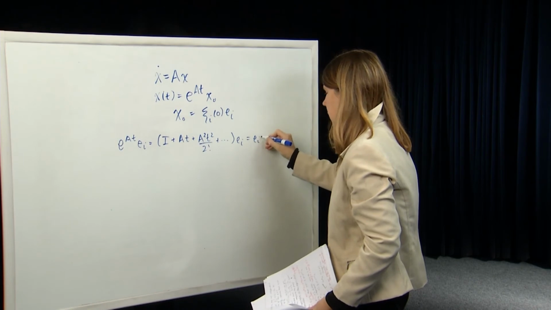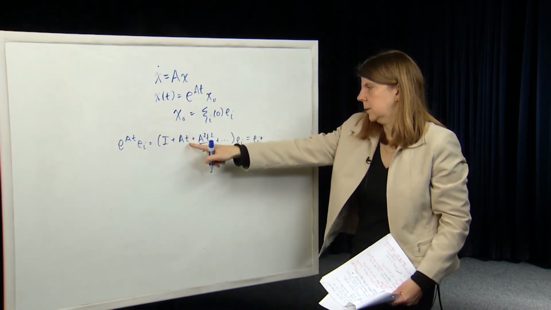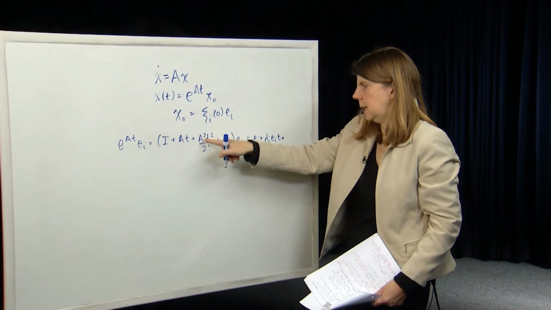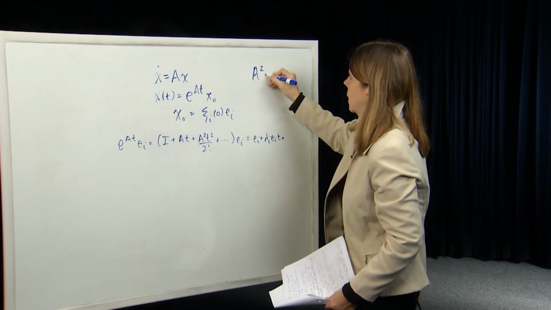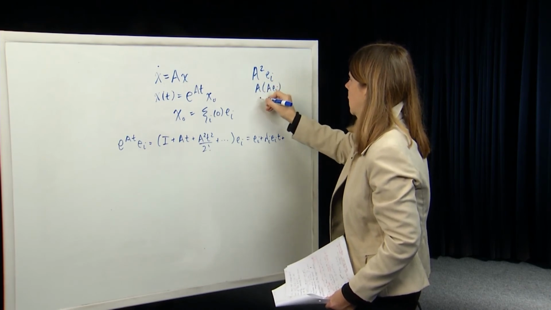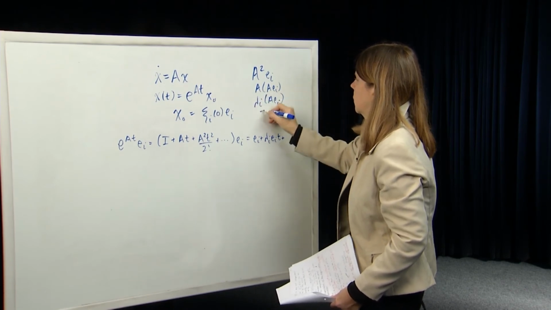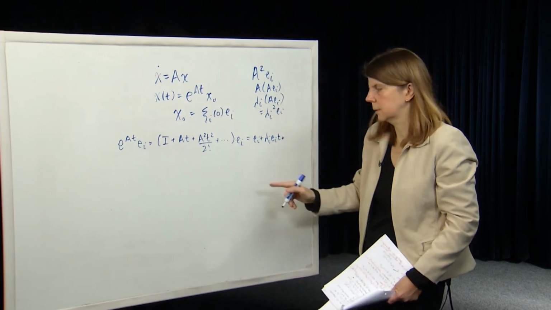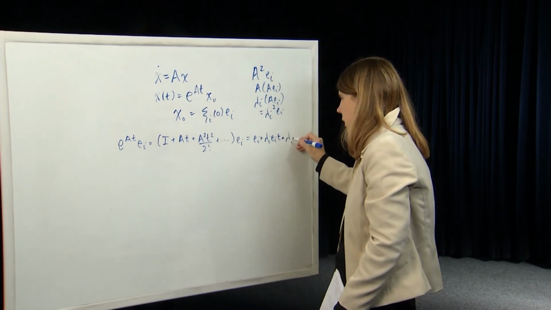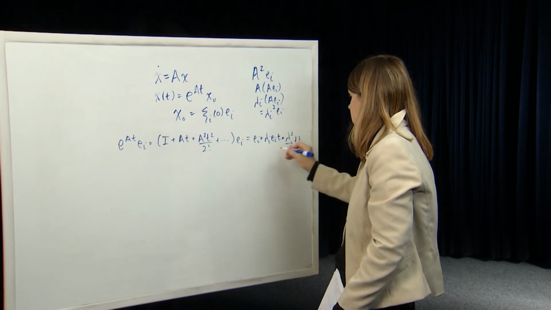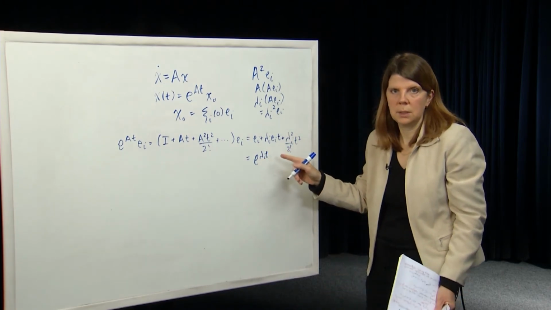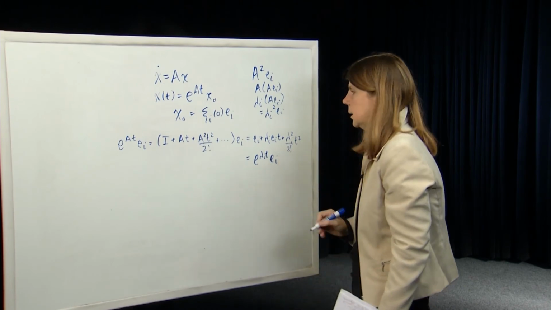So we get ei plus A t ei, which is just lambda i ei t, plus, and then A squared ei, that's A times A ei, which is lambda i A ei, which is just lambda i squared ei, etc. So we can simplify this by bringing the ei in and collapsing that matrix A. So here we get lambda i squared over 2 factorial t squared, etc., which is equal to e to the lambda i t, just our standard exponential function where this is a scalar post-multiplied by ei.